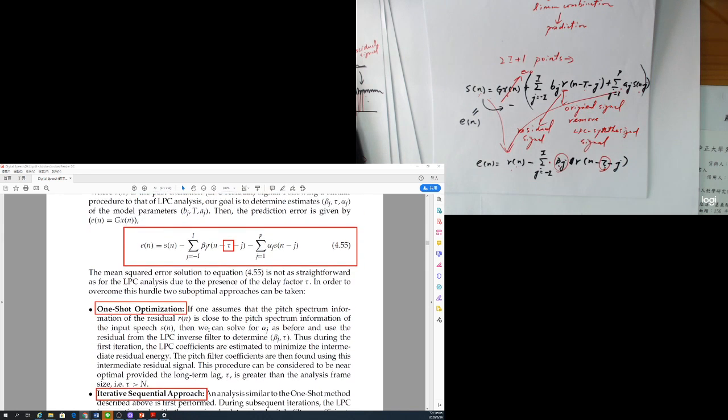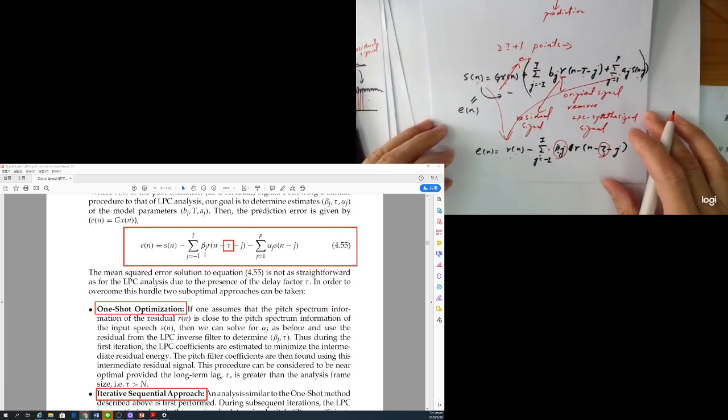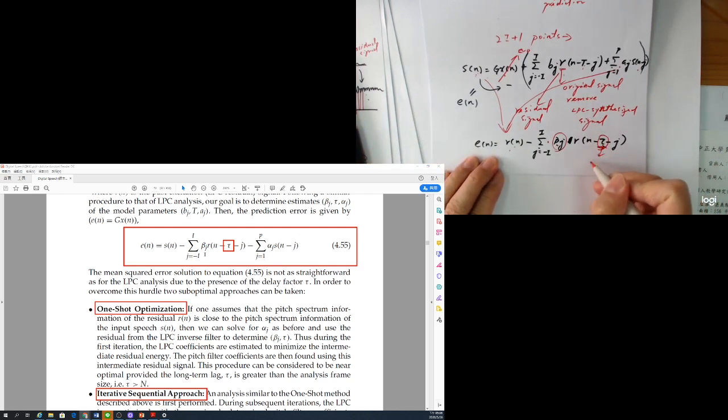So there is one method called one-shot optimization. We assume the pitch spectrum information of the residual signal could be close to your pitch spectrum information, so we can substitute alpha j as before. This looks like the case where we consider tau fixed, a specific value.